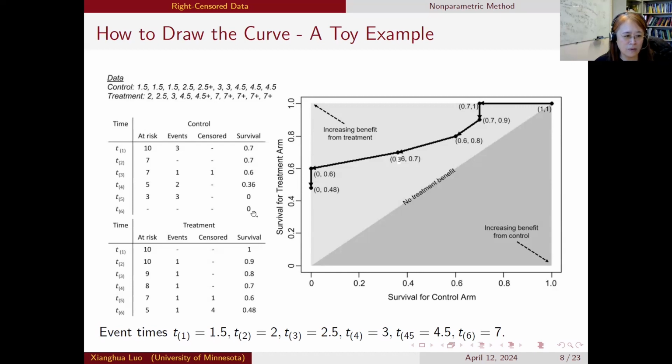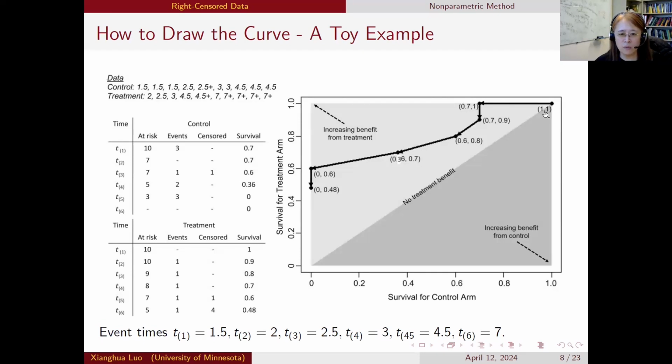Okay, and everyone knows how to calculate Kaplan-Meier within each treatment group. This is a little table for that hand calculation: the risk set size, the number of events at the unique event time, the number of censoring cases, and the survival probability estimate. As we know, the Kaplan-Meier estimate starts from the 100% point.